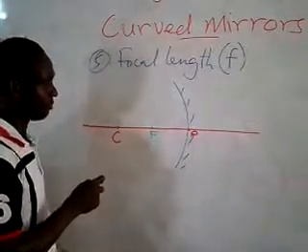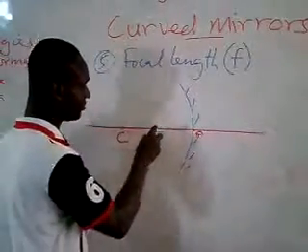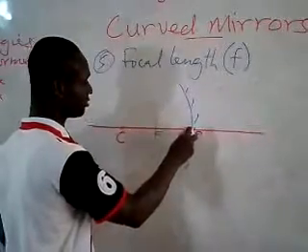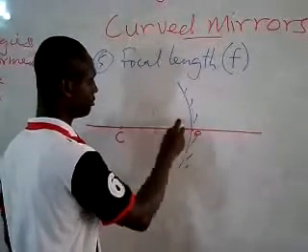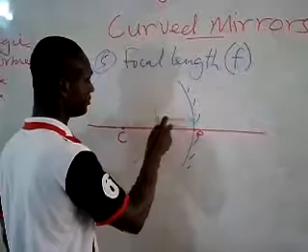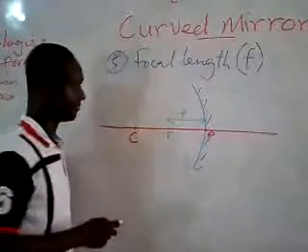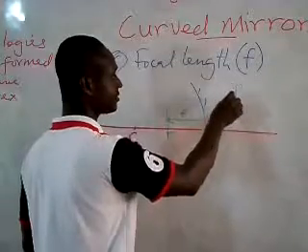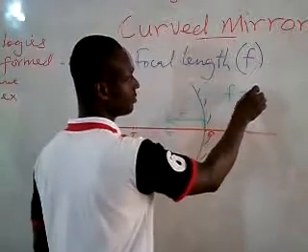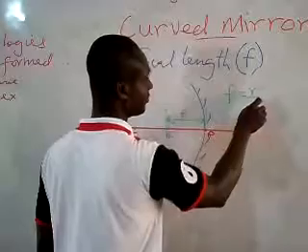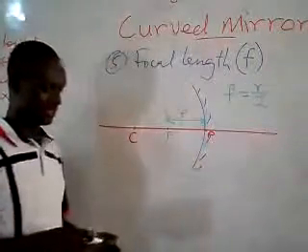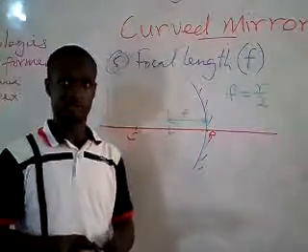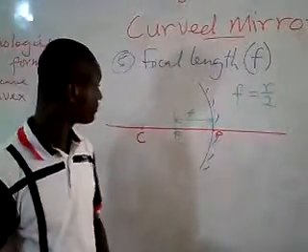But the distance between the principal focus and the pole becomes the focal length f. So we can say that focal length is equal to radius of curvature over 2.